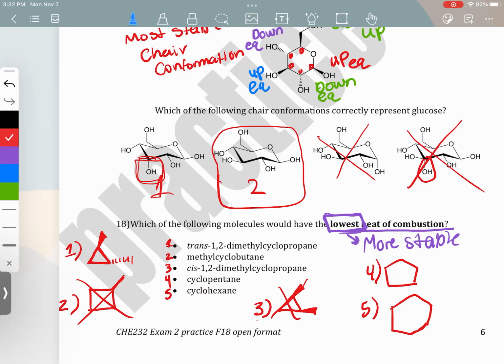And remember, some of these cyclic rings suffer from torsional strain, which is another way of saying angle strain. Because of how small the angles are, that's causing a lot of strain with the carbons attached to that ring as well. So cyclopropane definitely has a lot of angle strain, so you can eliminate 1 as well, even if those methyls are trans. Because of torsional strain, that's also going to make it unstable.